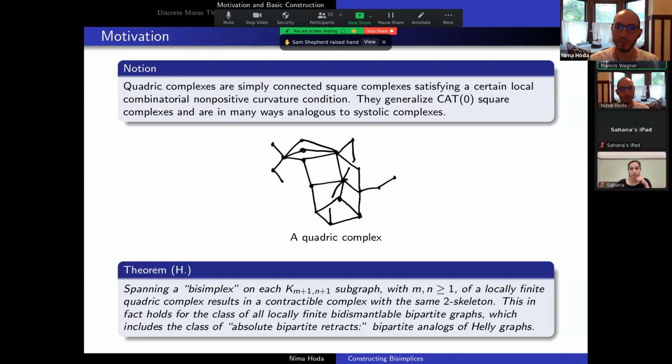And if you take a systolic complex with its simplicial structure and make the simplices regular Euclidean simplices, you won't get a non-positively curved space. So yeah, I think this is more of a combinatorial thing than a metric thing. I could be wrong. Maybe there's some way to do it.